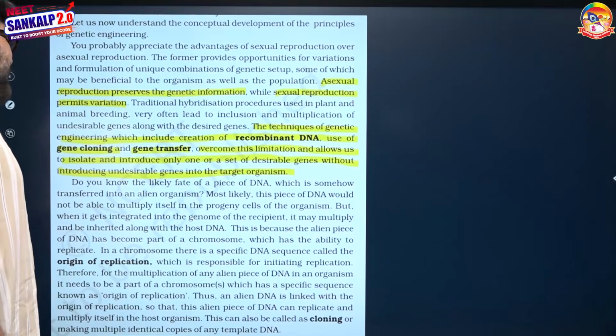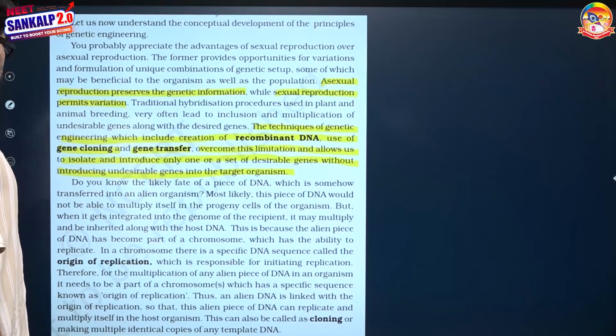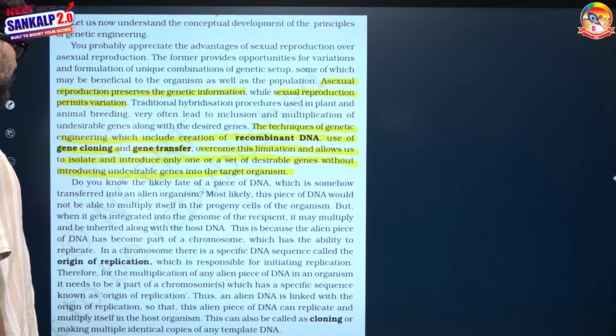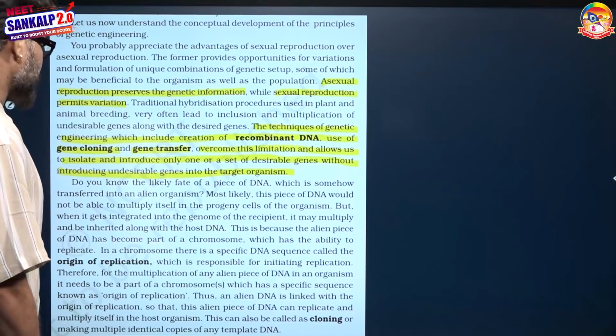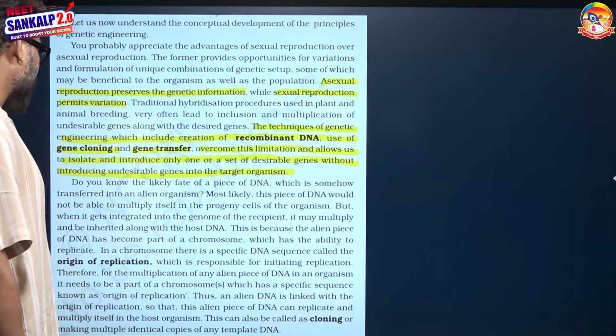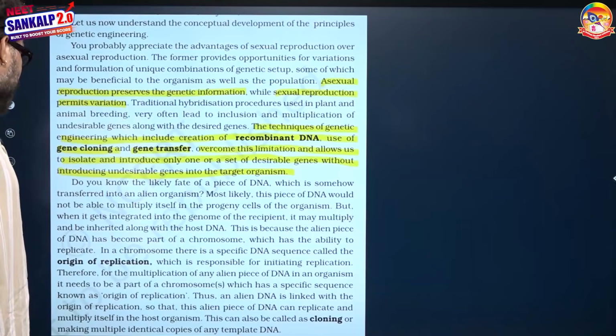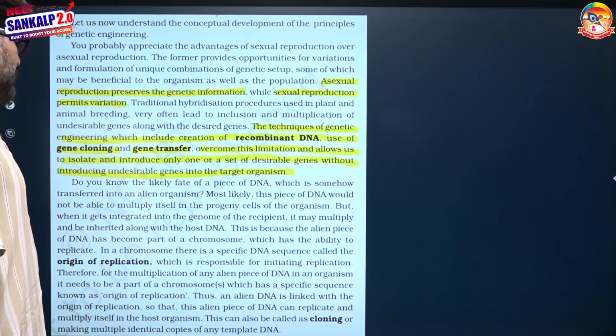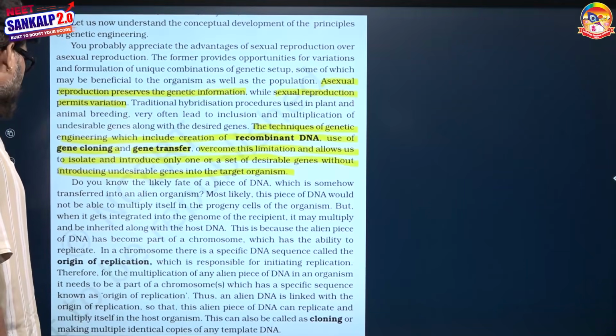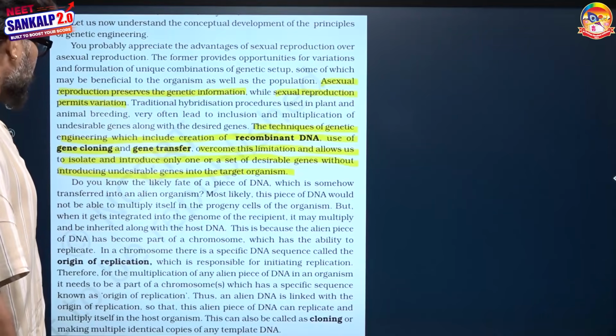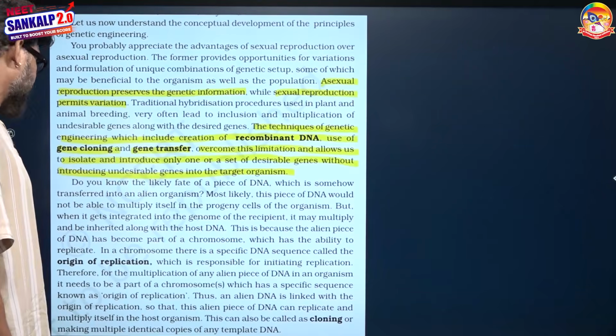Do you know the likely fate of this piece of DNA which is somehow transferred into an alien organism? Yes. This is because the alien piece of DNA has become a part of a chromosome which has the ability to replicate itself. In a chromosome, there is a specific DNA sequence that is called the origin of replication, which is responsible for initiating replication.